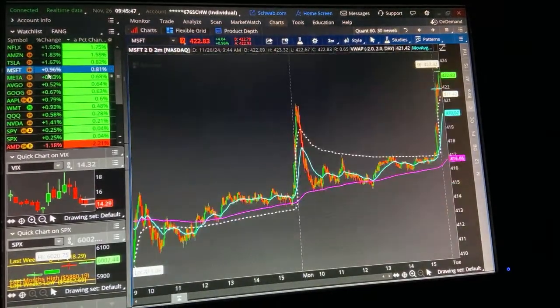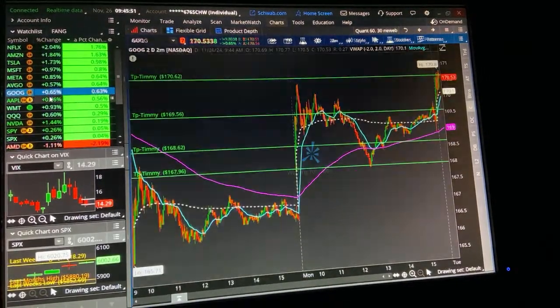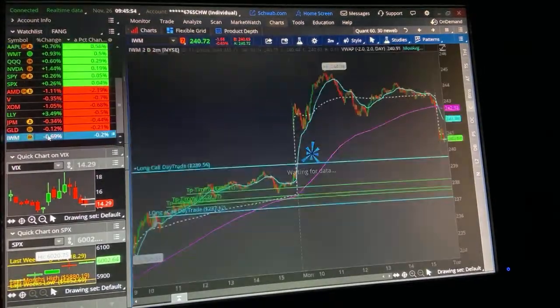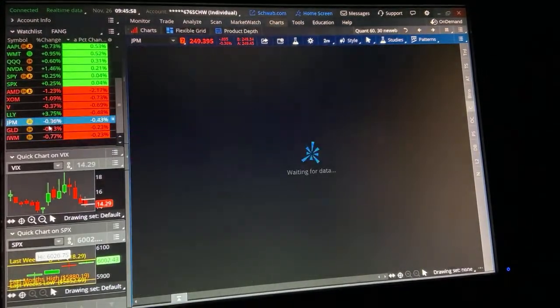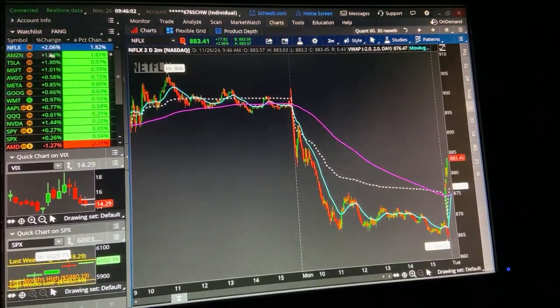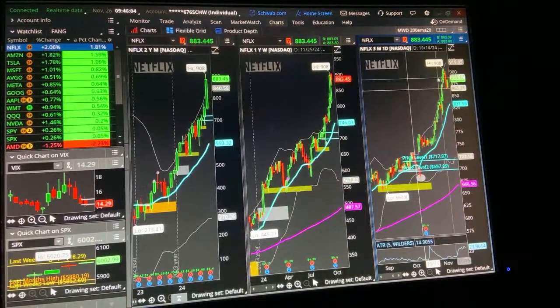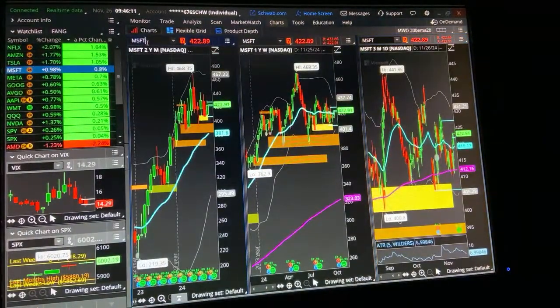Tesla. Netflix is a beast. Pulled back yesterday. Anybody get long queues?